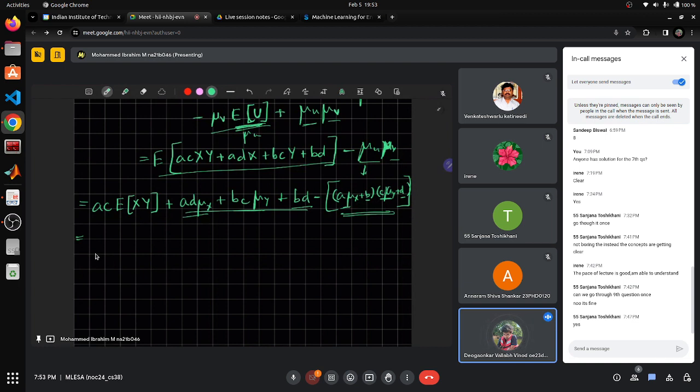So you end up getting only a into c into mu x into mu y. And then this part still remains.